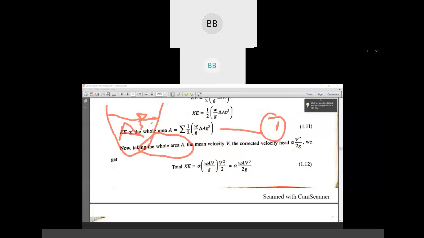For that cross sectional area, your mean velocity is capital V. And we know when we talk about kinetic energy head, we multiply it by this alpha, because this velocity is not constant, or you can say this is a mean velocity. So when you find out the kinetic energy for that particular cross sectional area, we take half into mass into velocity squared. Again, in place of mass, we are using that equation.